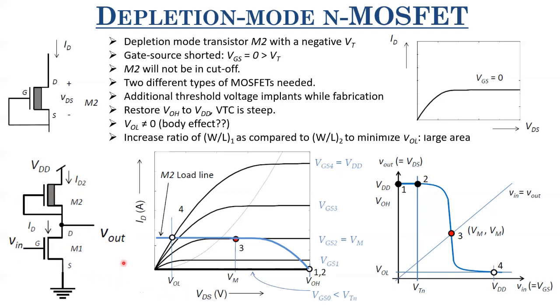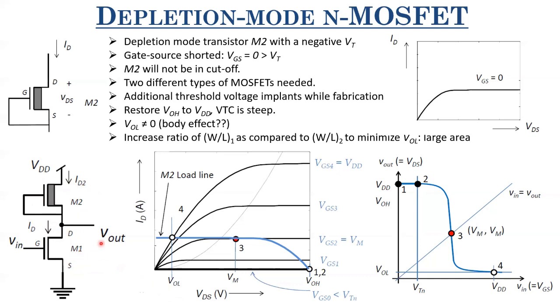So if you want your VOL to be as small as possible, you want the resistance of M2 to be pretty high. If the resistance of M2 is pretty high compared to the resistance of M1, then your Vout is pretty small.